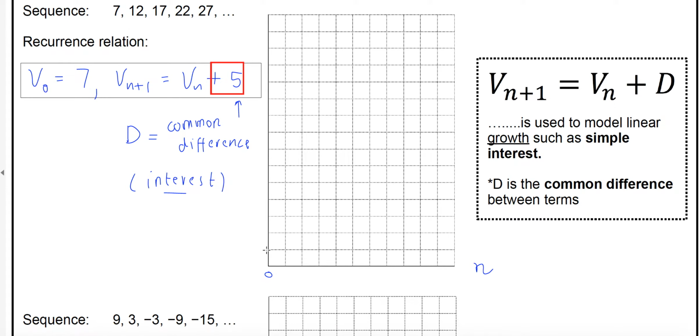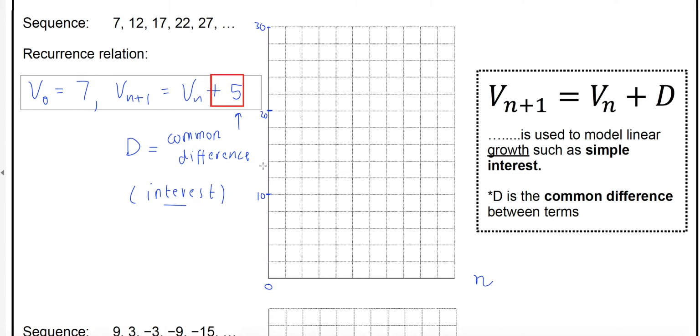So I'll just go up maybe in 1. Maybe that won't work actually. So I'll go up in 2s. 2, 4, 6, 8, 10, 12, 14, 16, 18, 20, 30, okay.